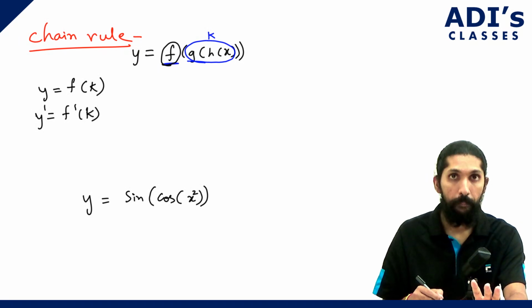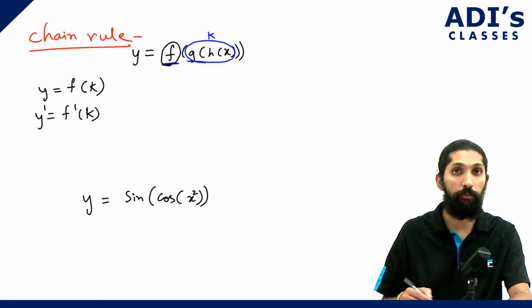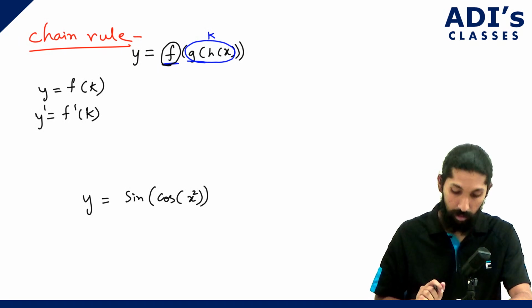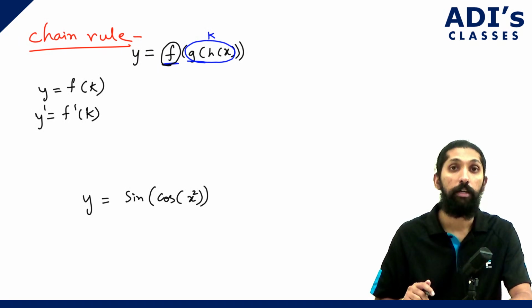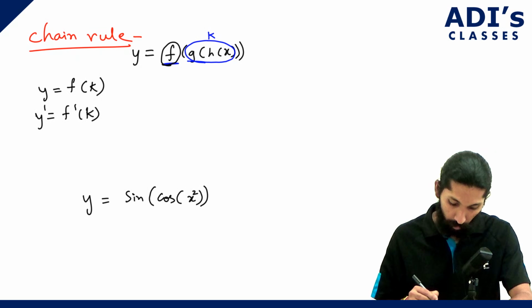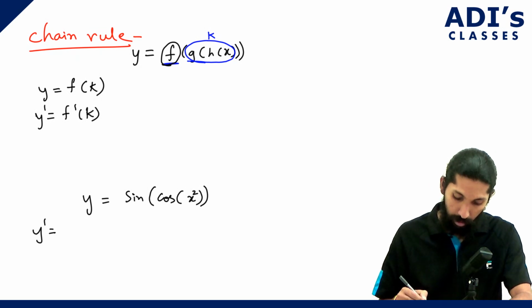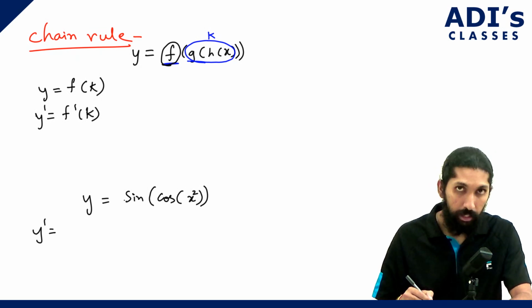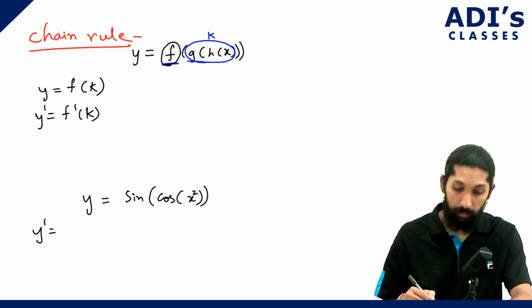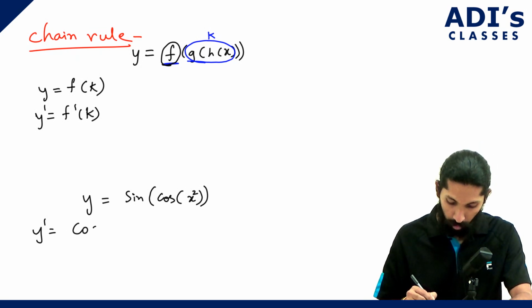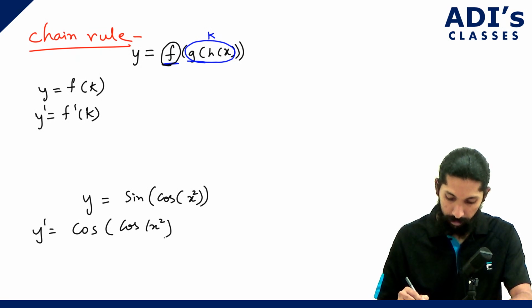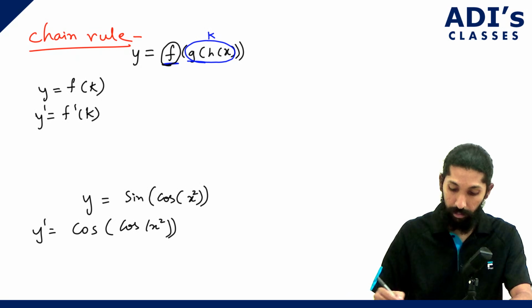Make sense? So if I am going to do the same thing for this example, the outermost function is what? Sine. So y dash is equal to, and what is the derivative of sine? It is cosine. So you have cos of x square. That means what have I taken?